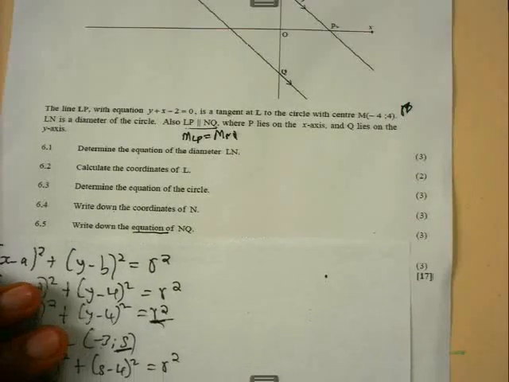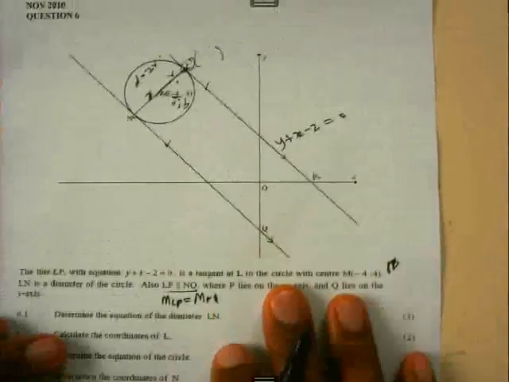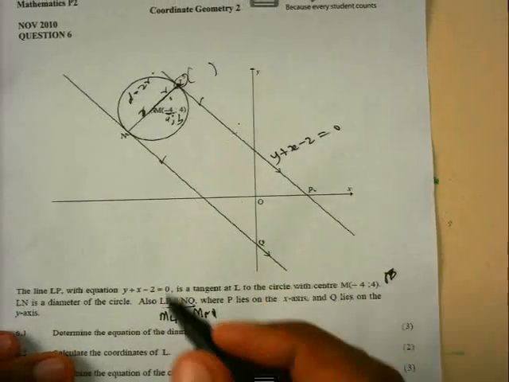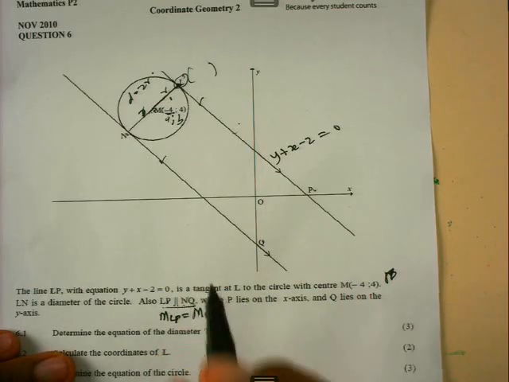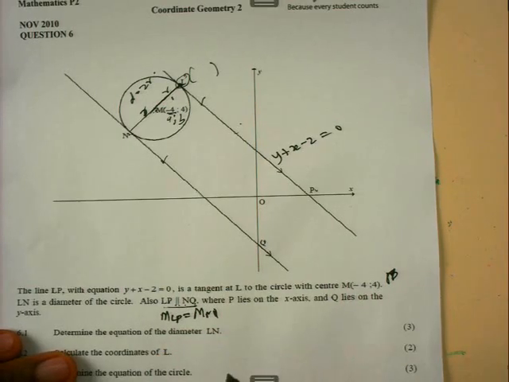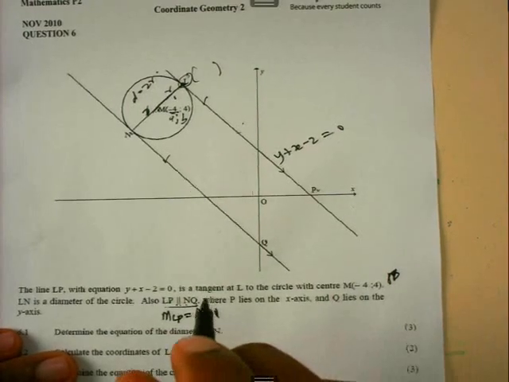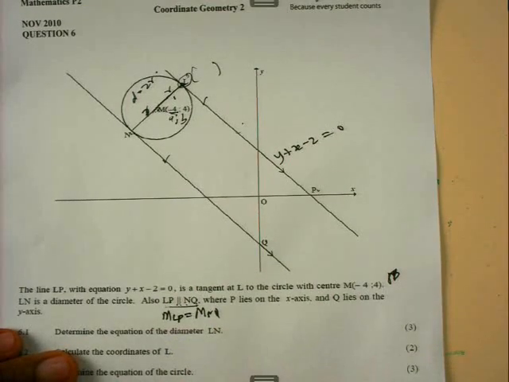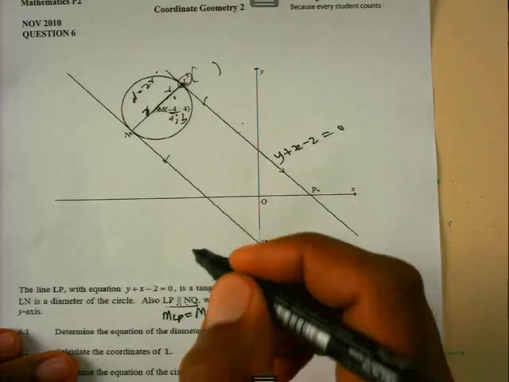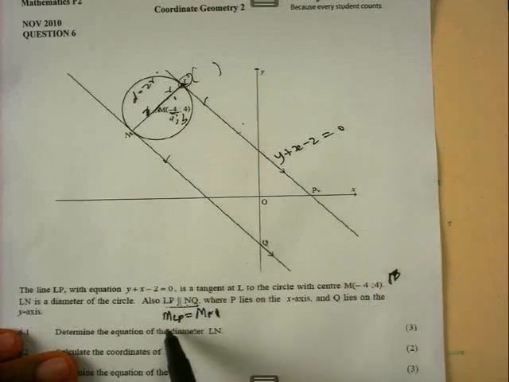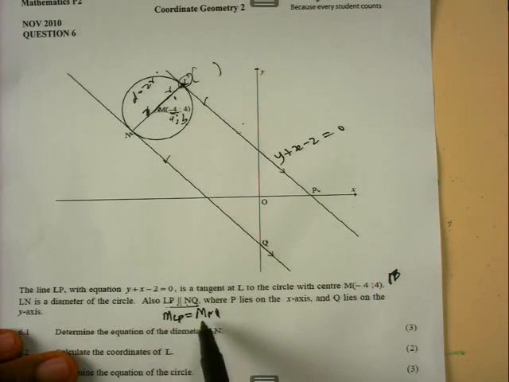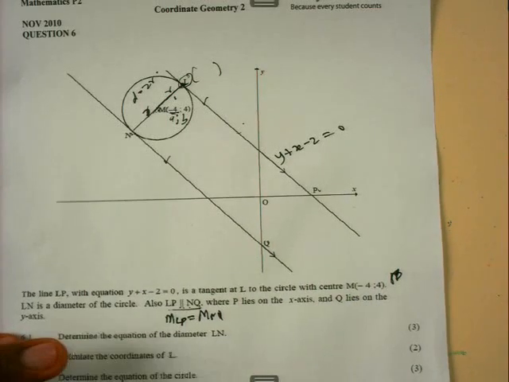Now, boys and girls, when you look at our NQ, they said something about it too. LP is parallel to NQ. That is why it's very important now to read the statement and underline the important information. It is very, very important. Right, from here we can see since LP is parallel to NQ, then it means the gradient of LP is equal to the gradient of NQ.